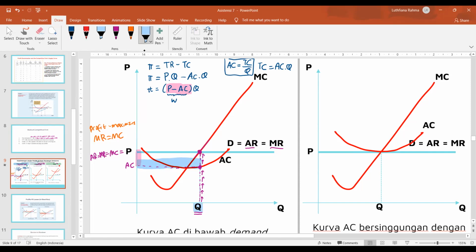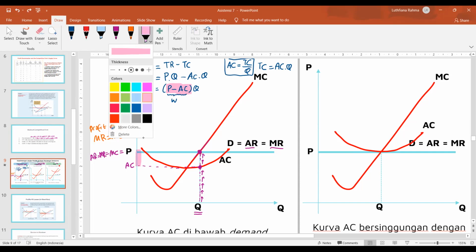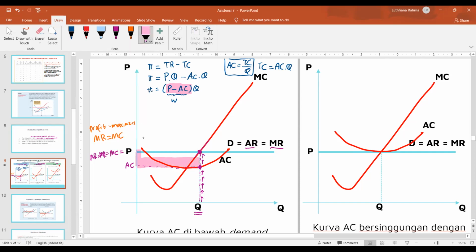So here, if I draw it with the same color, this is the Q. So here we have a rectangle with its length and its width. So here is the full rectangle, right? So this rectangle shows the area of supernormal profit. Okay. So that is the first condition that could be experienced by the firms in the perfectly competitive markets.